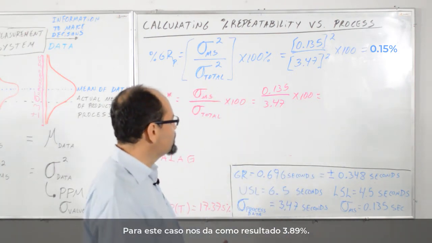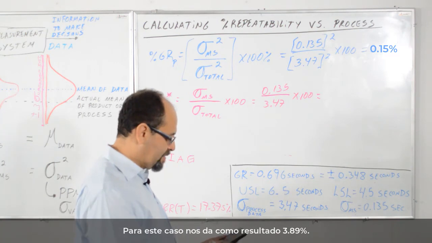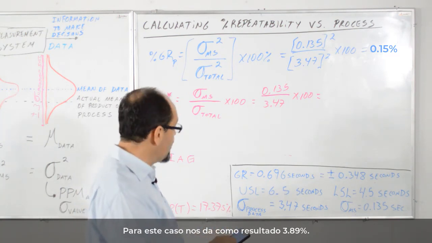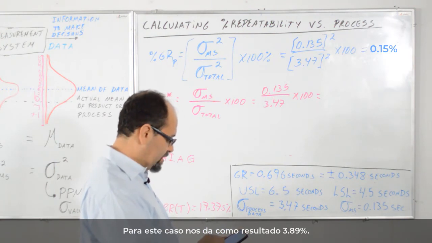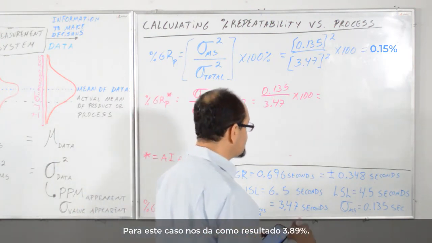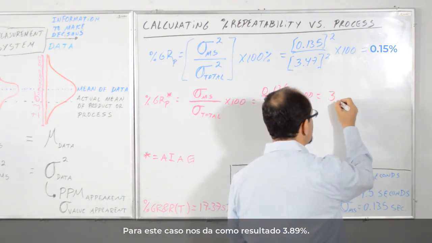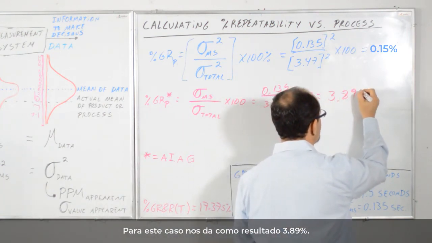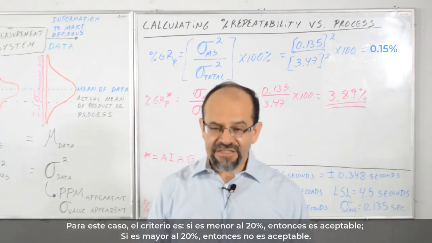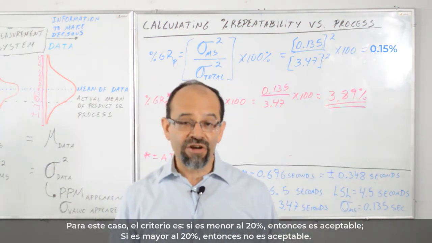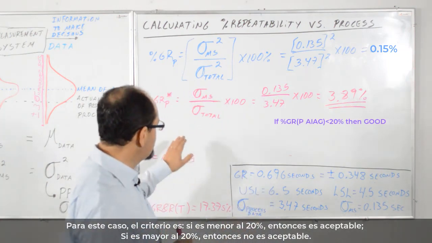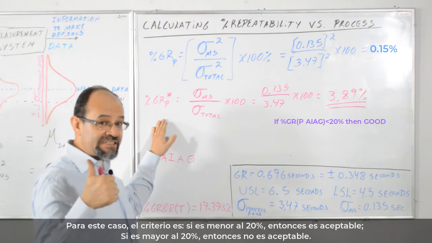For that case, the percentage of GR&R against process, 0.135 divided by 3.47, is 3.89%. So basically, the criteria here is if smaller than 20%, it is acceptable.